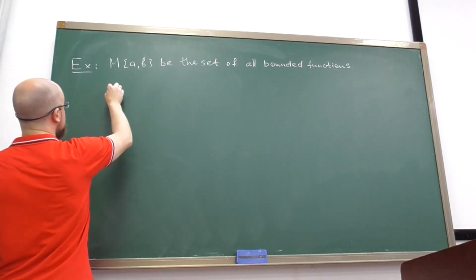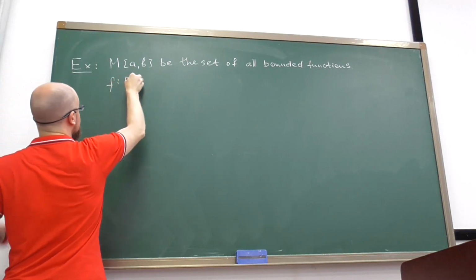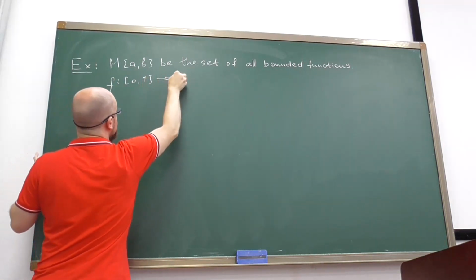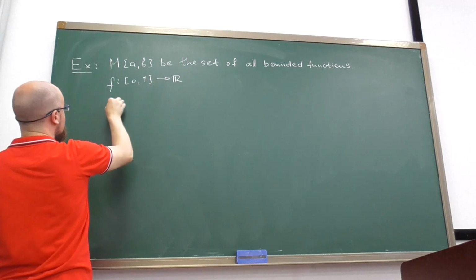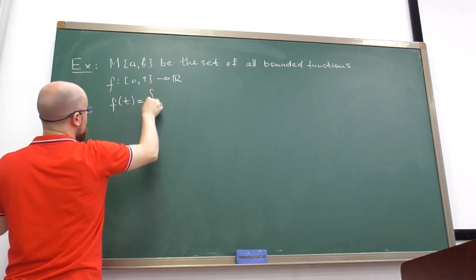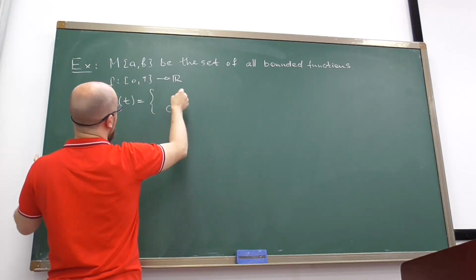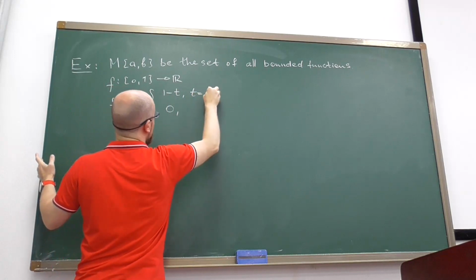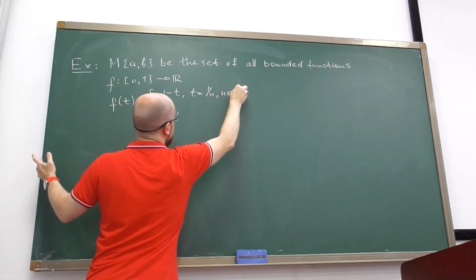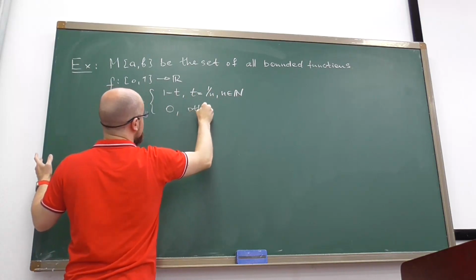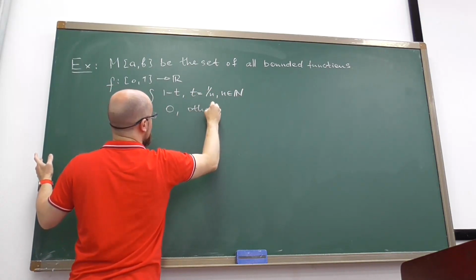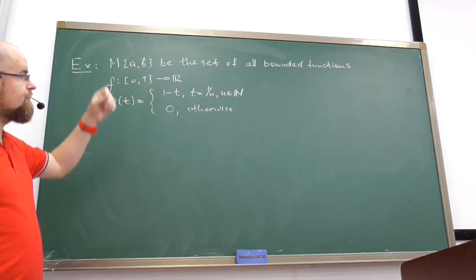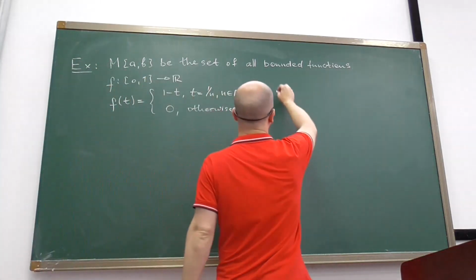Let f be the function on [0, 1] given by f(t) equals 1 minus t when t is 1 over n, where n is a natural number, and 0 otherwise. Let's try to sketch the graph of this function.